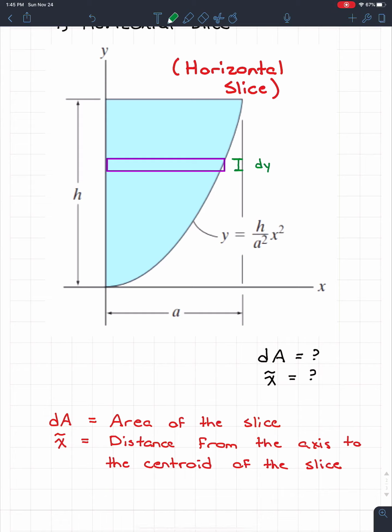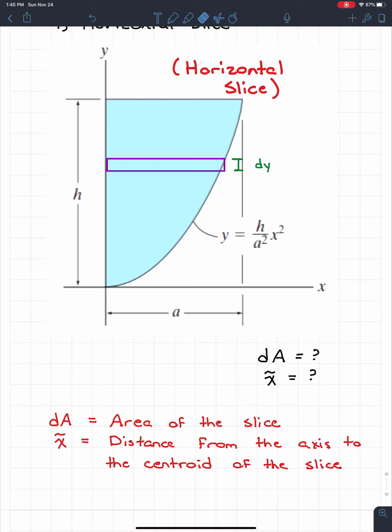If I were to do a vertical slice real quick, so something like this, well, in this case, we're taking a little slice along the x-axis. So this right here would be dx. So there's one thing to know right there. But since we're taking a horizontal slice, it'll always be that thickness dy. So we already have one of the two parameters.